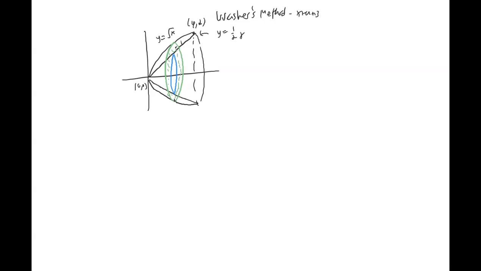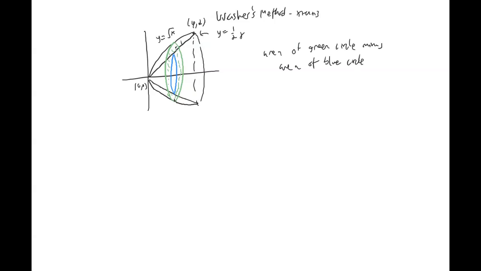Hopefully you can all agree it's the volume of green. At least the base: it's the area of the green circle minus the area of the blue circle. Do you all see this?